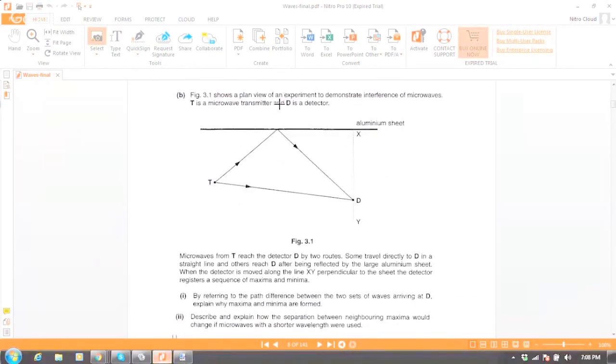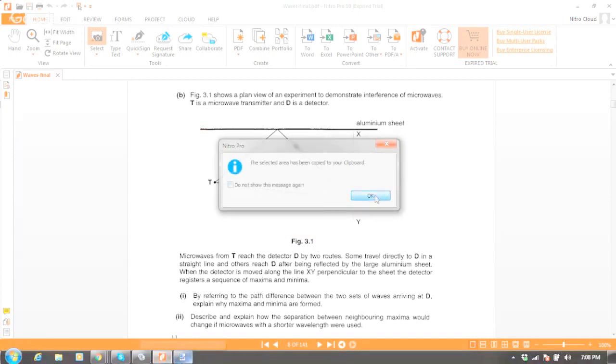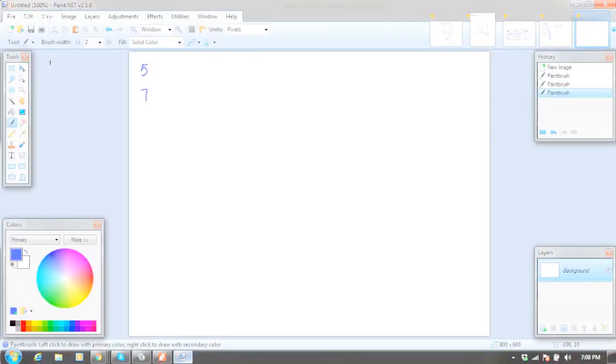Figure 3.1 shows a plan view of an experiment to demonstrate interference of microwaves. Now, this is first source. ये diagram भी pick कर लो. So let's paste it here.